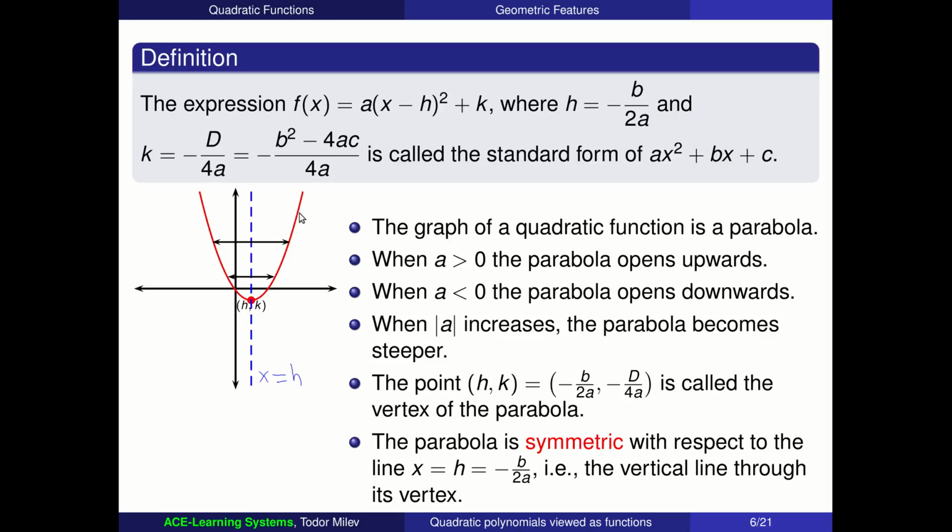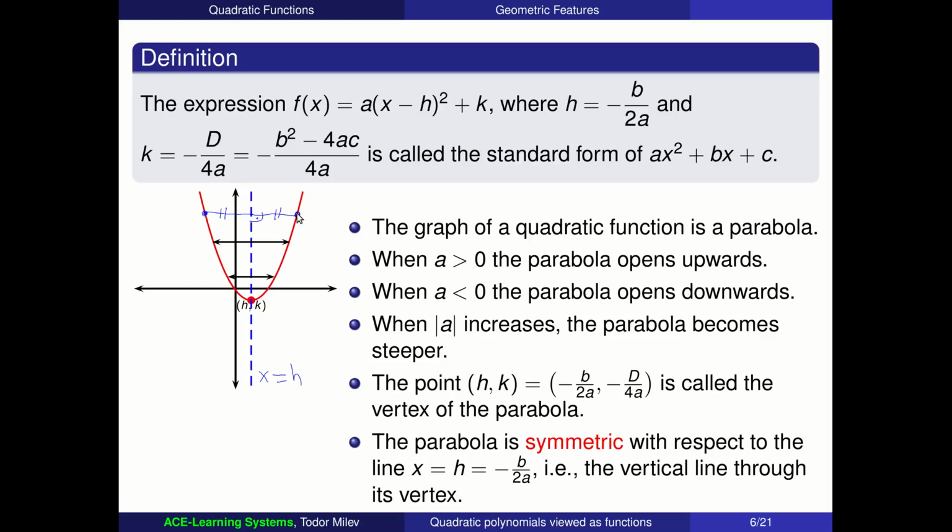What does it mean for the graph of the function to be symmetric across the line? That means that if I take a point on the function, I drop a perpendicular towards the line, and then I extend it on the other side of the line so that this distance here equals that distance, then I'm going to land at a point on the graph of that function.